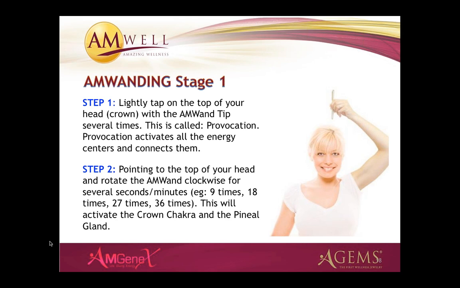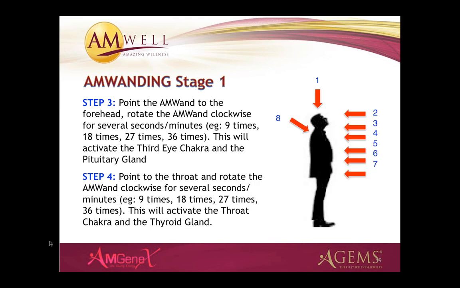What it does is activate the crown chakra, and thereby it is able to expand or improve the pineal gland status. And of course, in turn, the pineal gland is the one that secretes the vital hormones that are required for creativity, thinking, decision making, and so on.